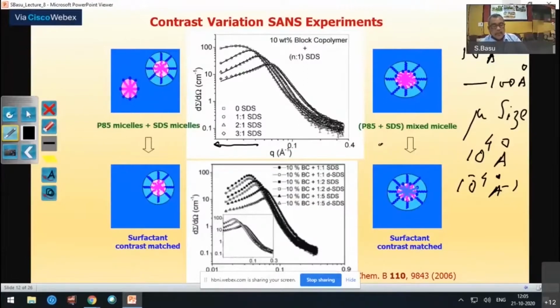So the basic take home is that depending on the intensity and the number of cold neutrons you have, you can design a small angle instrument which will serve some range of length structure. In this case, in Dhruva, you can go from 10 angstrom to 400 to 500 angstrom size using two of these SANS machines, and they have been used for various kinds of structures, not only micelles.